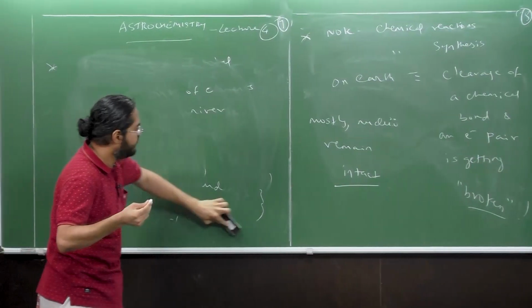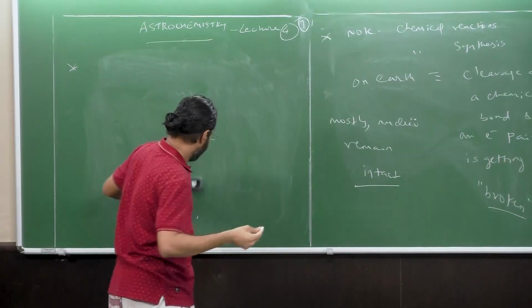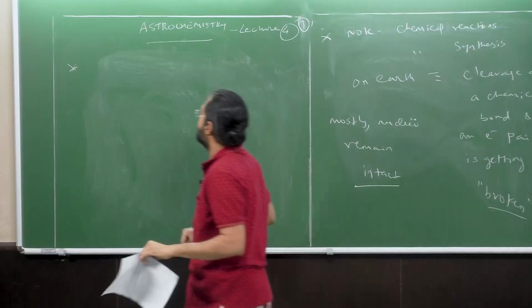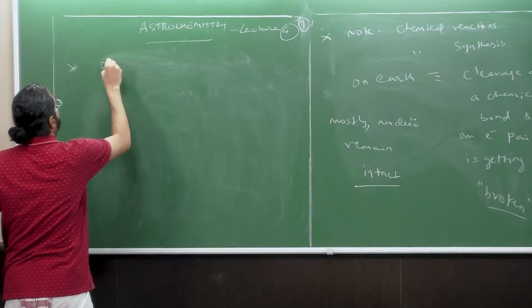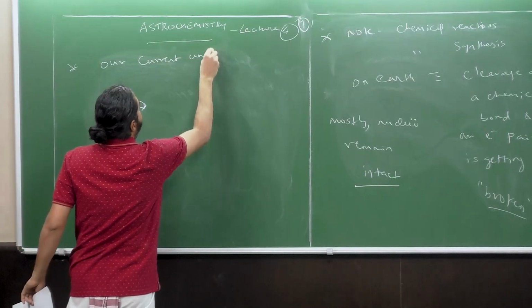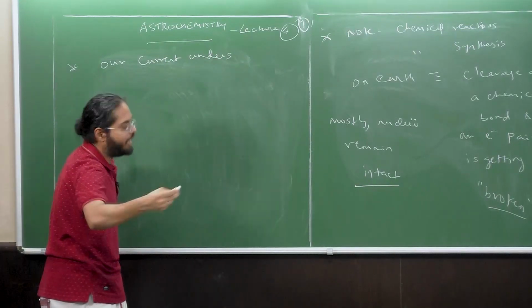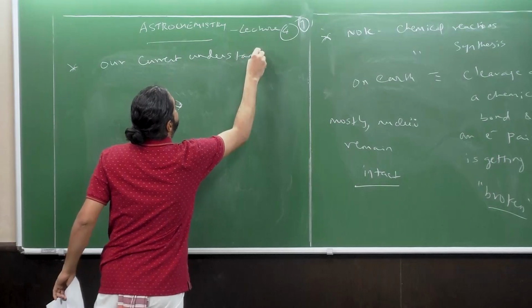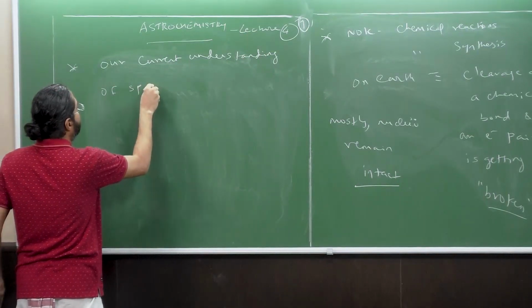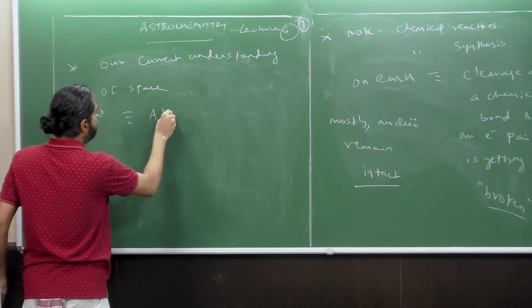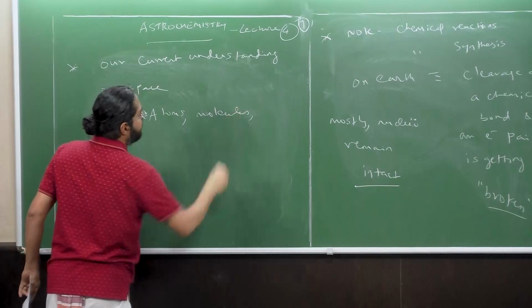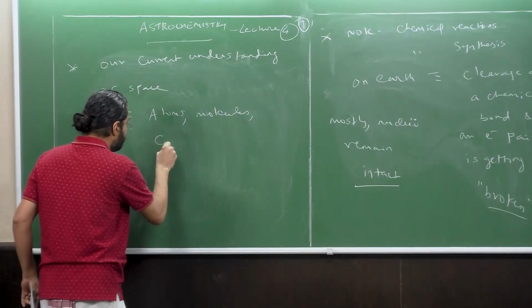What with that? How do we proceed further? Now notice that we have a mixture of our current understanding, based on this lecture, of space. We have some atoms, some molecules, and some cosmic rays.